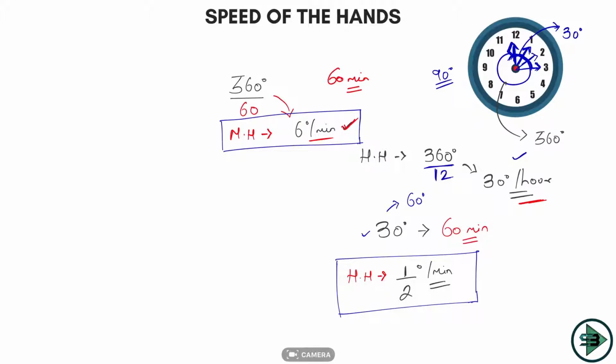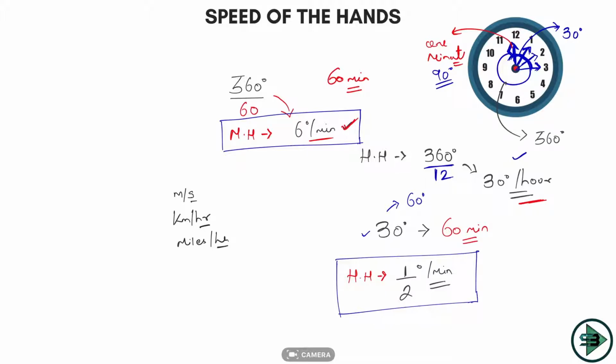And if you want to visualize this better with what we have studied in speed, how do you always write speed? In terms of meters per second, kilometers per hour, miles per hour, right? That's how you always write speed. So how much does the vehicle go in 1 second, 1 hour? Now I am asking you, how much does the hand move in 1 minute? And how is the hand moving?